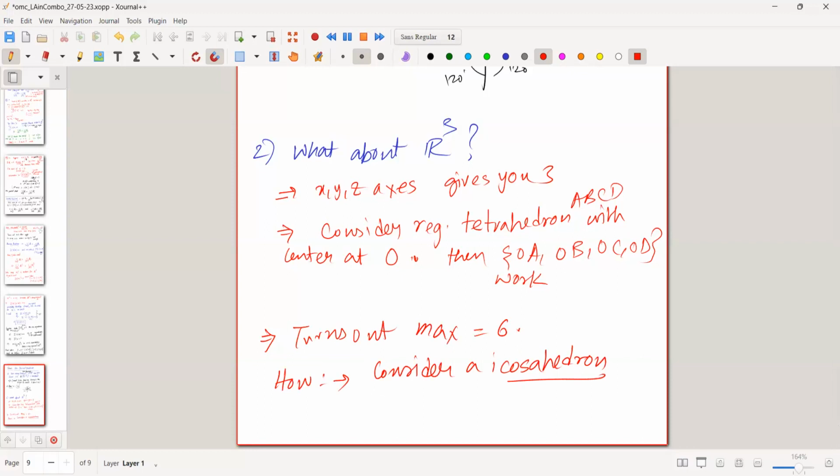Okay, I'll just show you a figure. Just give me a second.